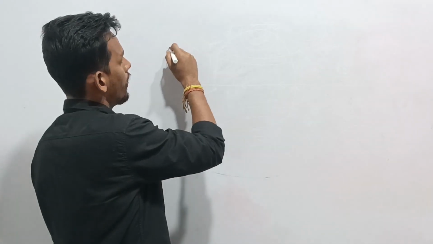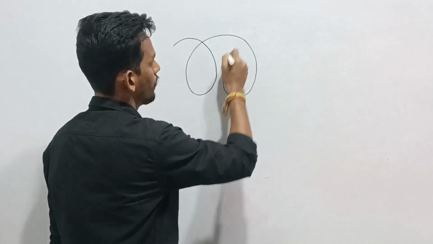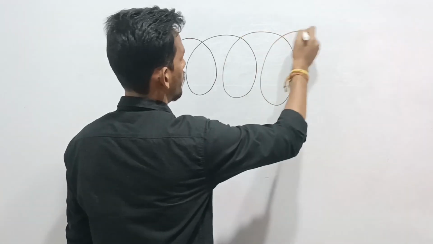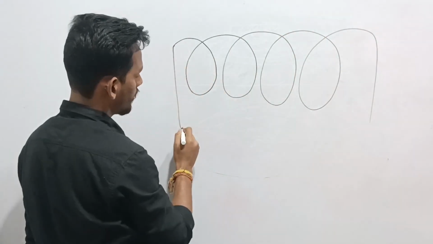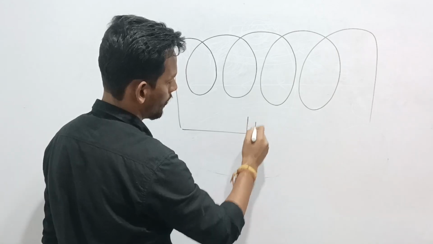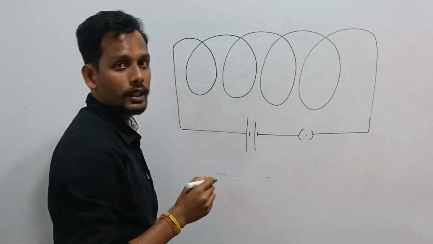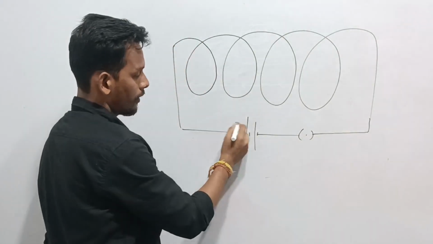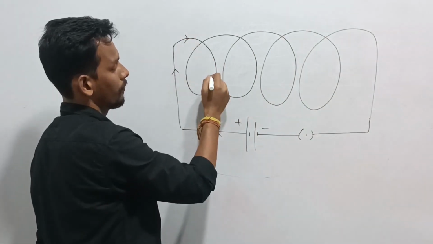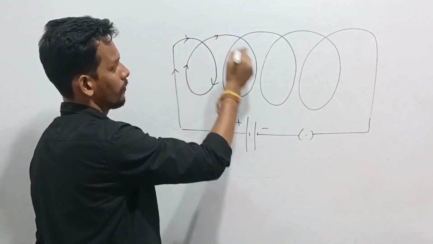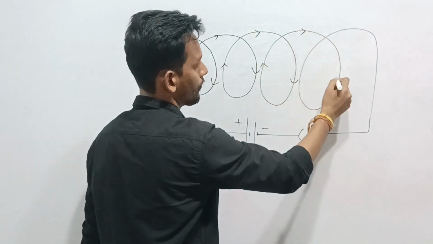So take the copper wire and design it like this, and then connect it to a battery. Now see the direction of current. This is plus, minus. So these are the direction of current.